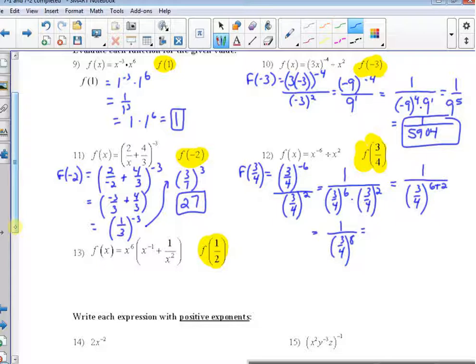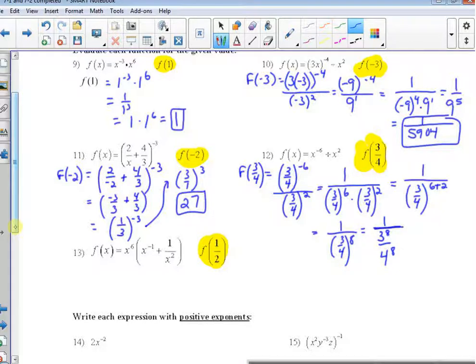Now, 1 divided by 3/4 to the 8th is also equivalent to 1 divided by 3 to the 8th over 4 to the 8th.